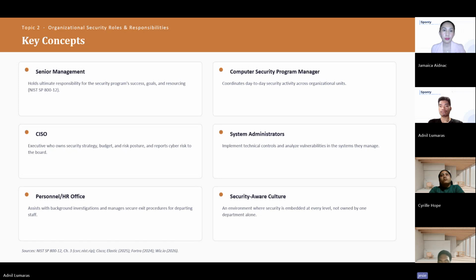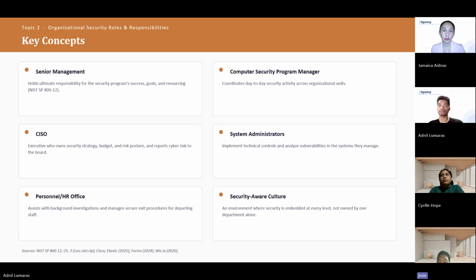On the operational side, CISO responsibilities typically include building and leading a security team, developing incident response and disaster recovery plans, managing security budgets, overseeing third-party and vendor risk, and educating the wider workforce on security awareness.